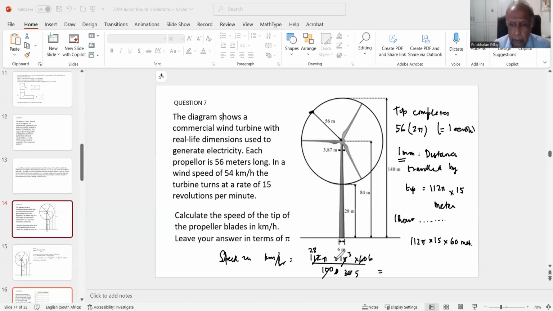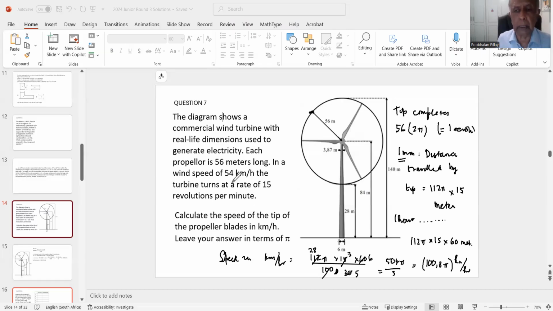So you got 28 times 3 times 6 times pi, and that's 504 pi. 28 times 3 is 84, times 6 is 504 pi, divided by 5. And they say leave your answer in terms of pi. So you can leave your answer like this, or otherwise 5 goes into this 100.8. When you divide this by 5, you get 100.8 pi. And this is in kilometers per hour. So that's the speed of the tip.